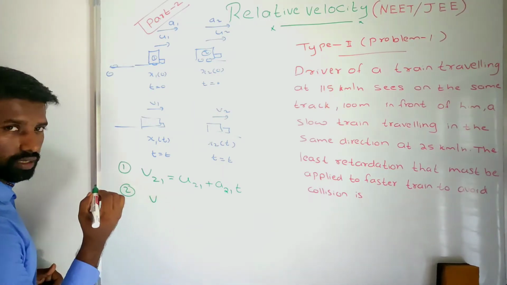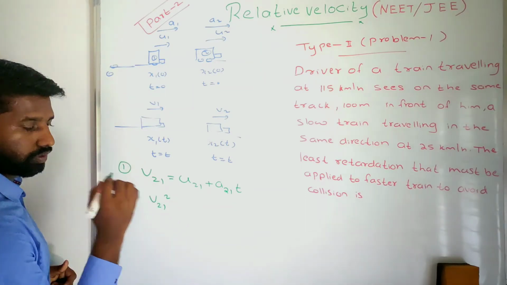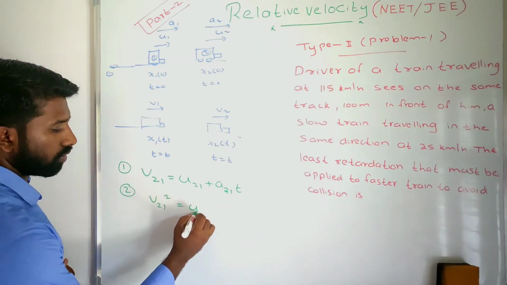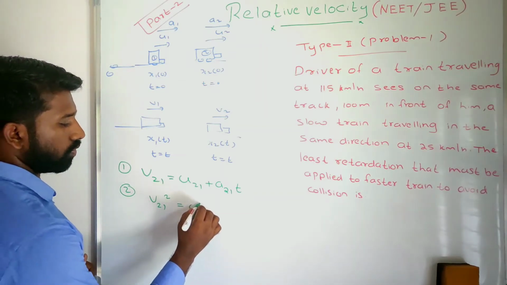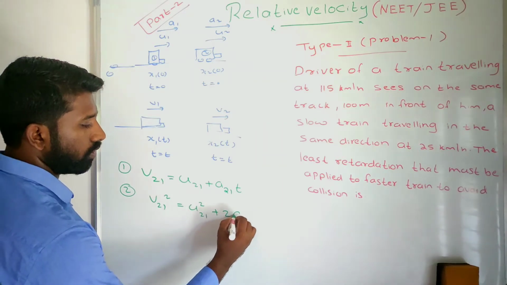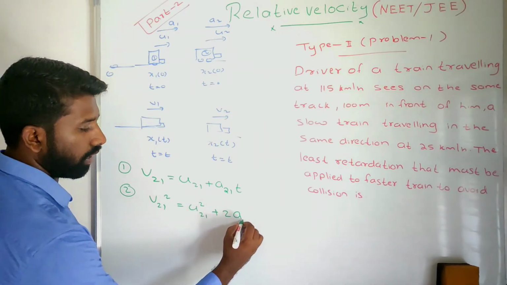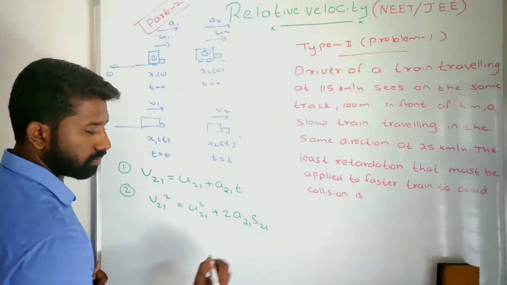Then the second equation: the relative velocity of the second body with respect to the first body squared is equal to the initial relative velocity squared plus 2 into the relative acceleration into the relative displacement.